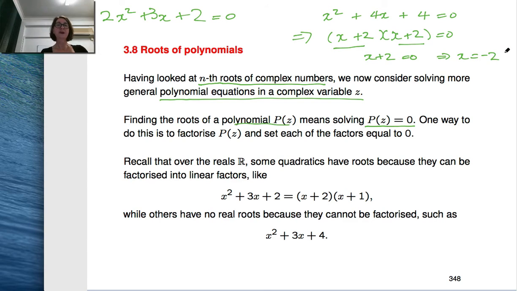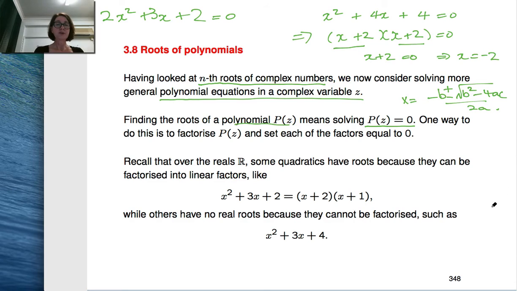So if we can factorise it, we can use that argument, and in the quadratic case, if we can't factorise it, we use x equals minus b plus or minus the square root of b squared minus 4ac all over 2a. So you'll remember that formula from school, I'm sure.